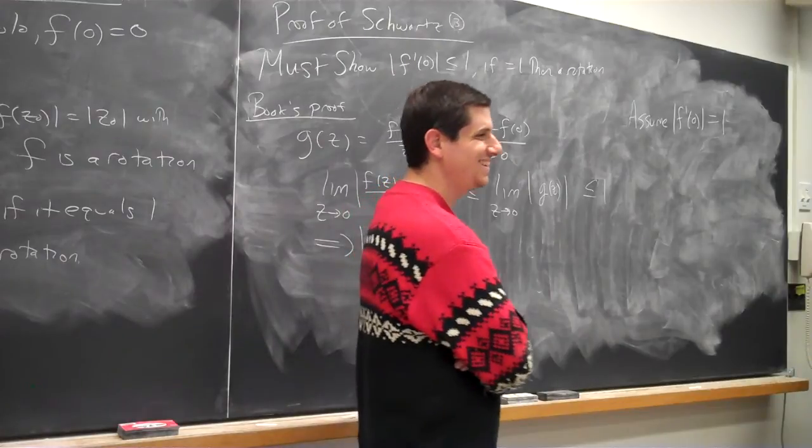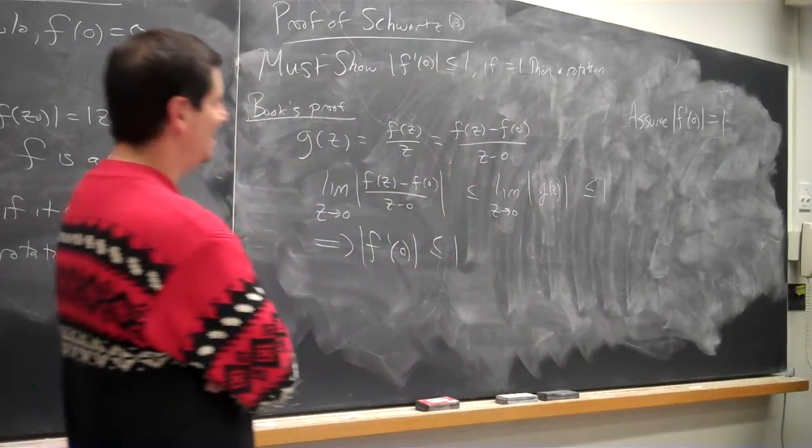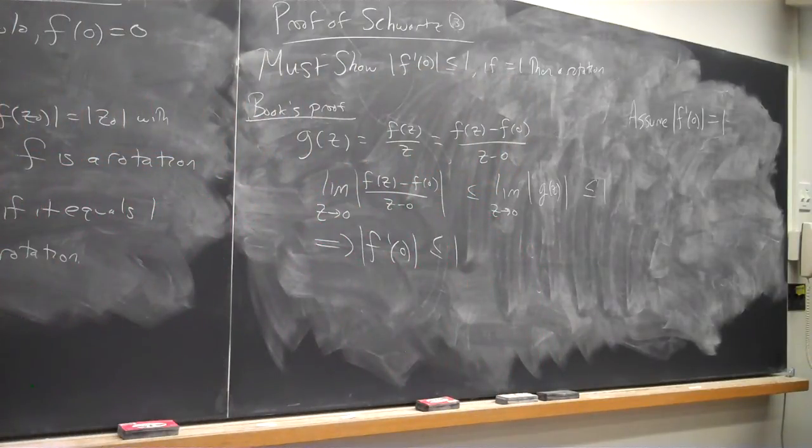I would say a trivial thing to integrate, not a dumb thing, because that's just a constant. So we somehow want to get from the fact that f prime of 0 equals 1 to the fact that now g(z) is constant.